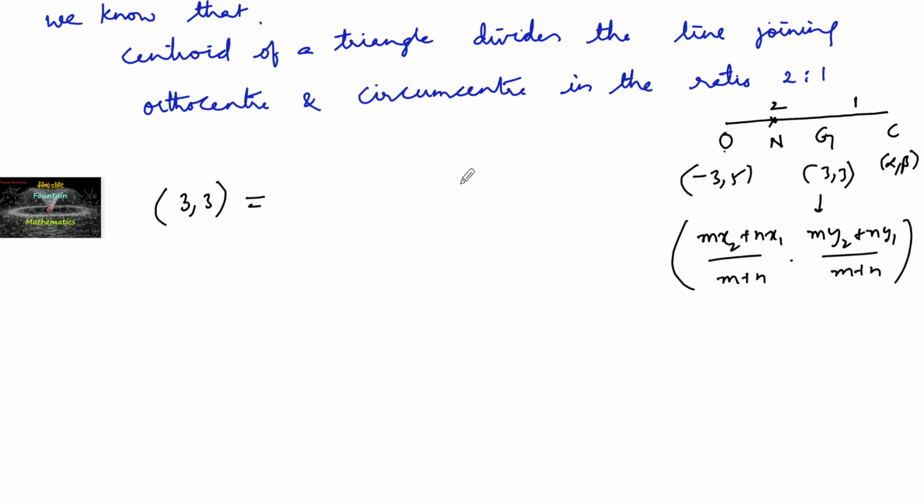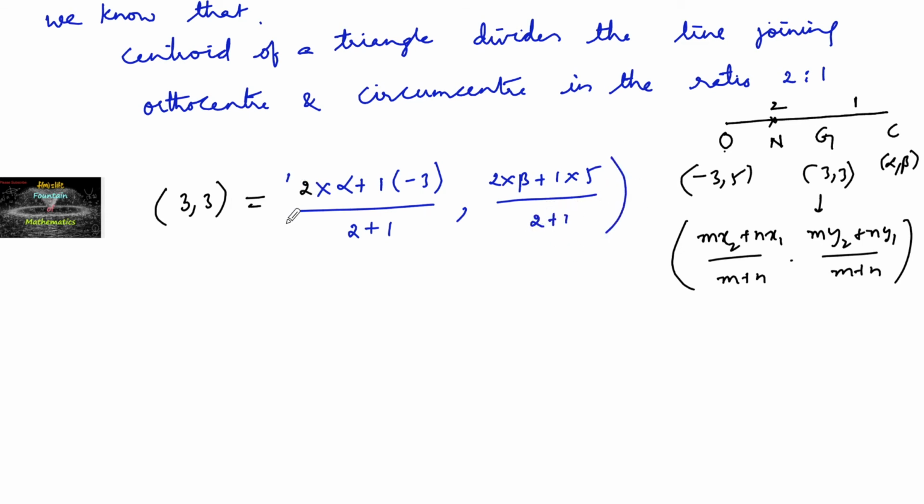So (3, 3) is equal to, m is equal to 2, so 2 times alpha plus 1 times -3 upon m plus n, and 2 times beta plus 1 times 5 upon m plus n, that is 2 plus 1.